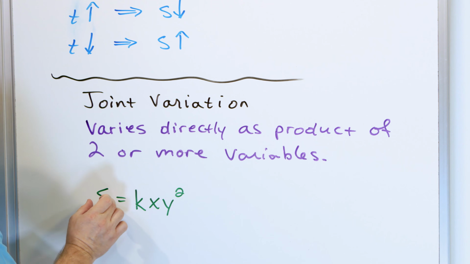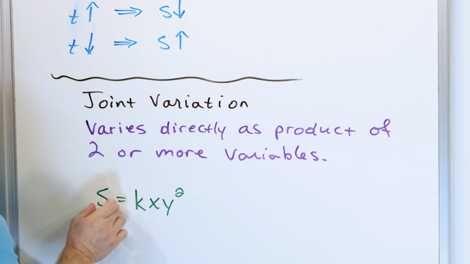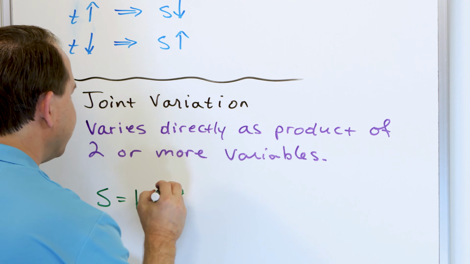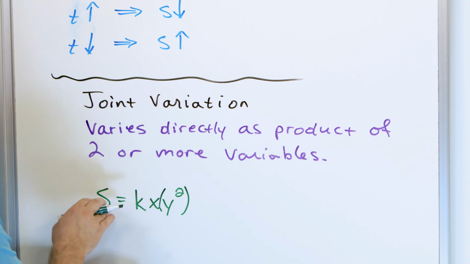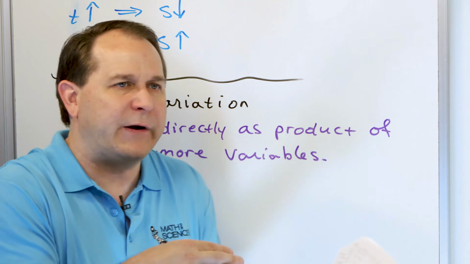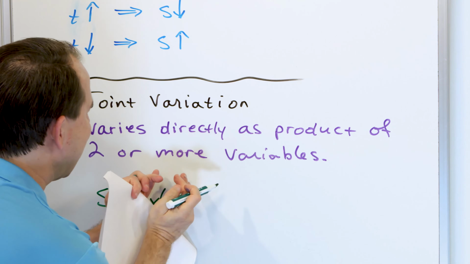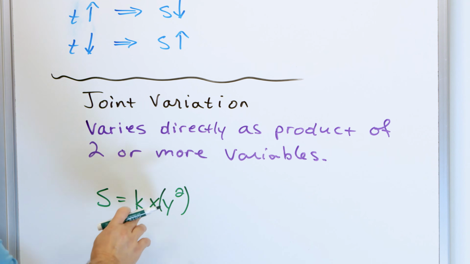So the relationship between s and x is direct, and the relationship between s and y squared as an entire term, if you want, I can put little parentheses around it, is a direct relationship too. The relationship between s and just the variable y, of course, is a square variation. But if I look at the entire term, the whole thing, it varies directly as s. When you have two things that vary directly and they're multiplied together, you call it a joint variation.